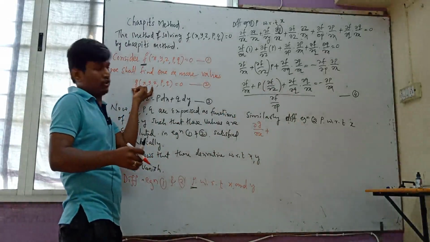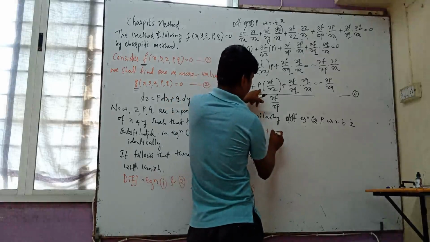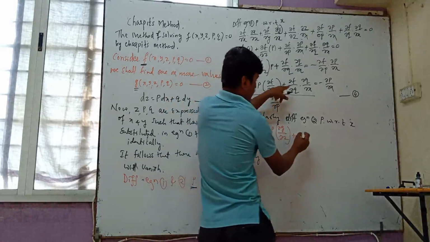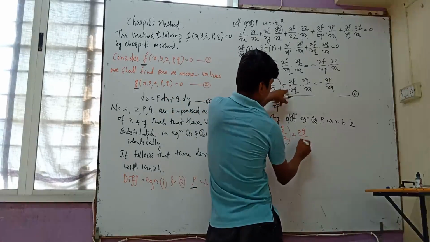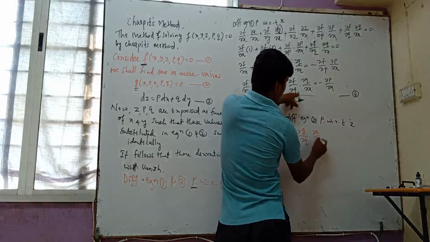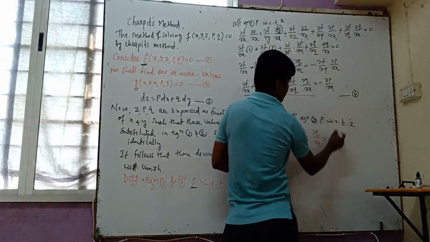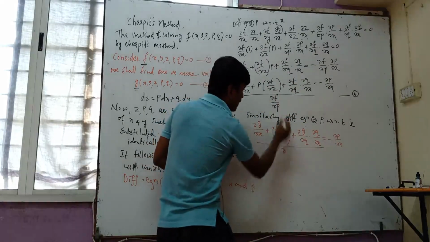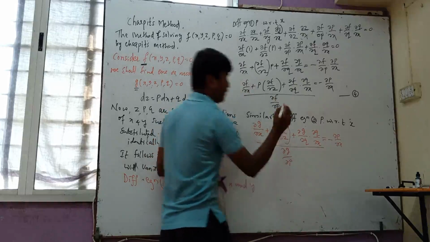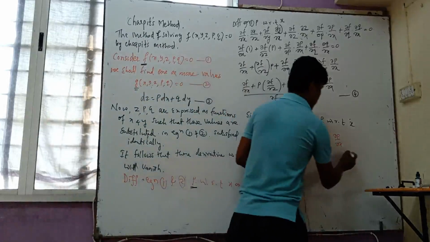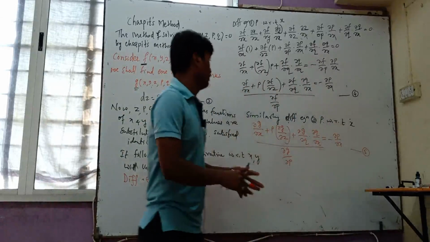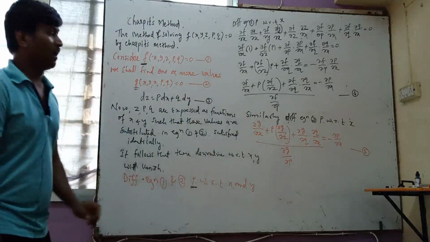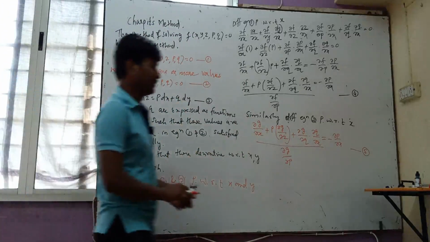So that is ∂g/∂z into p plus ∂g/∂q into ∂q/∂x is equal to minus ∂p/∂x divided by ∂g/∂p. This is equation number 5. By considering equations 4 and 5, we have to derive the last auxiliary equations of the Charpit method.